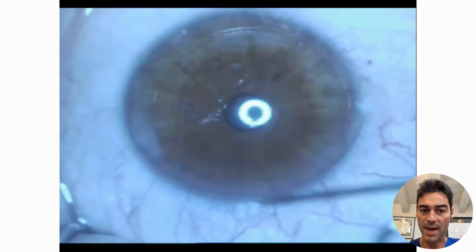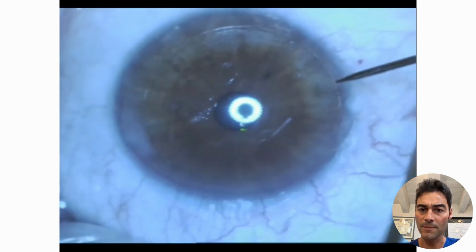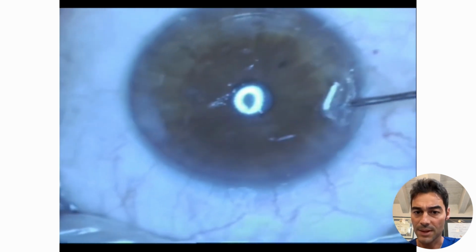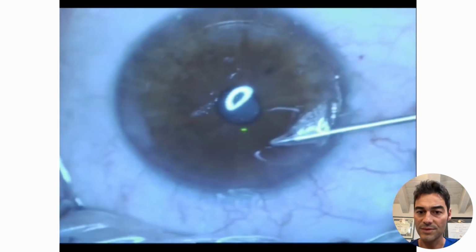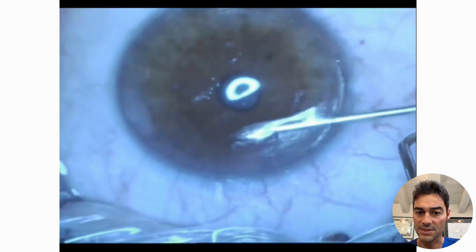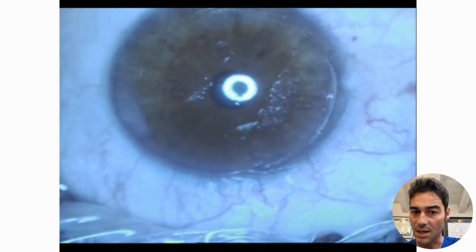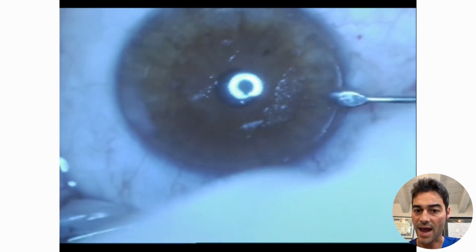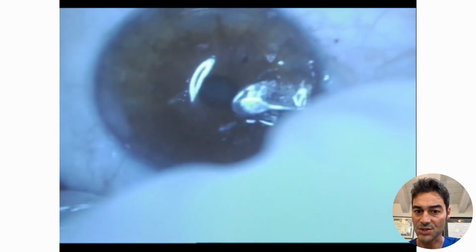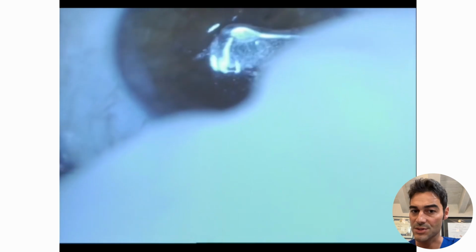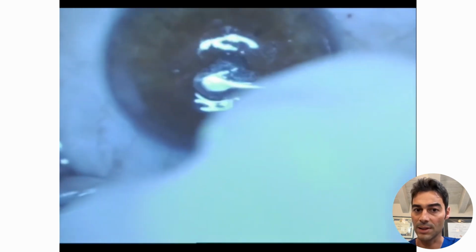So we went back to the operating room, we could spot the edge of the new flap, and with some delicate maneuvers we could dissect the new plane. Of course, it's more tricky because the interface has somehow the laser shadow of the previous treatment and is also deeper, so the energy was probably a little bit low.